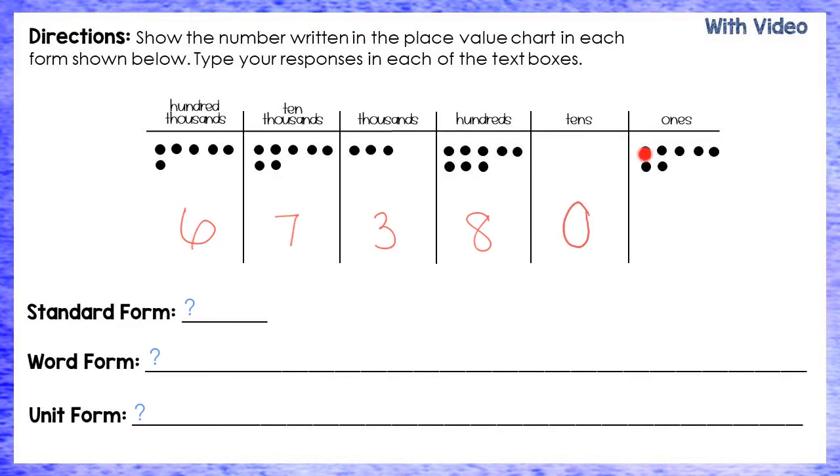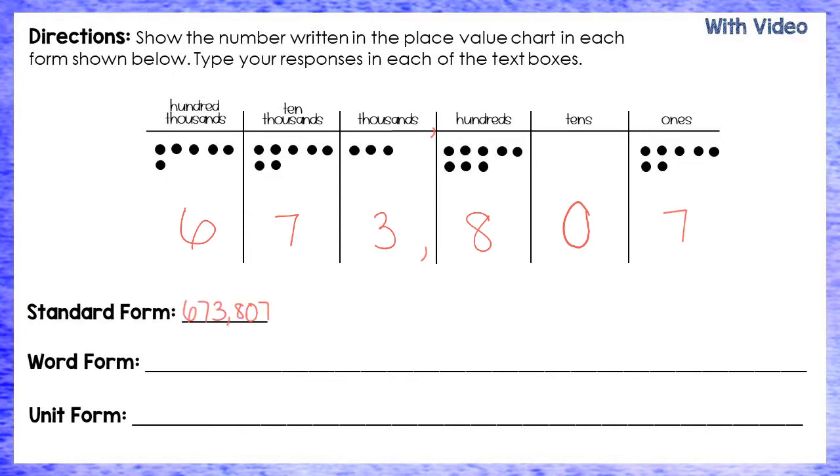And how many ones are there? There are 7 ones. Please remember that your comma goes between the thousands and the hundreds after you have all of your digits written. So this number, 673,807, is the number that we're going to write in standard form.